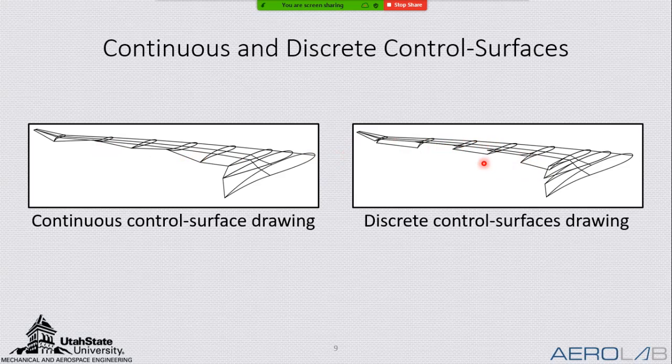Those greater gradients in the lift distribution cause greater amounts of induced drag. And so you can imagine if one has a greater force for the same moment arm, the discrete control surfaces are able to create a greater yawing moment. And once again, that's because of those gradients in the lift distribution.